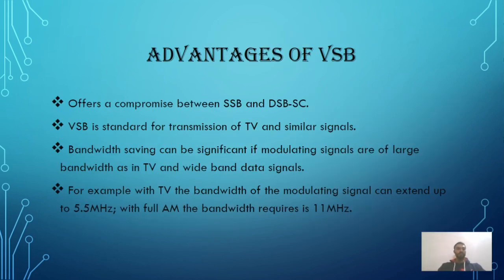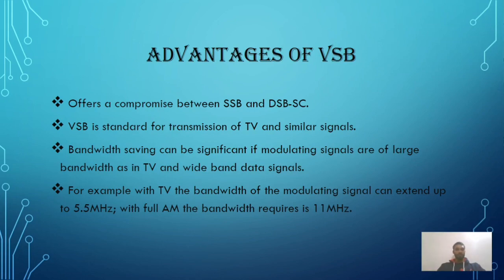Advantages of VSB. VSB offers a compromise between SSB and DSB-SC. VSB is the standard for transmission of TV and similar signals. Bandwidth saving can be significant if modulating signals are of large bandwidth, as in TV and wideband data signals.